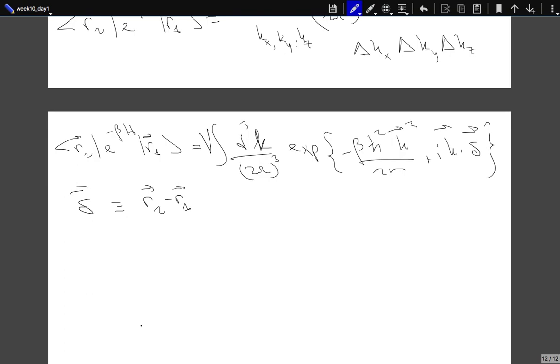Now what I will do is complete that exponential to squares. Then I will have a Gaussian integral, whose result I already know. I can evaluate the Gaussian integral. That's what I will do.